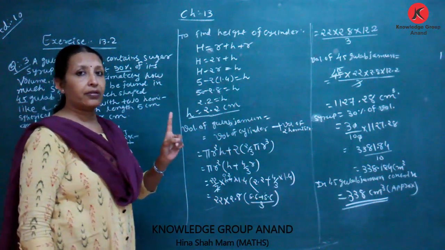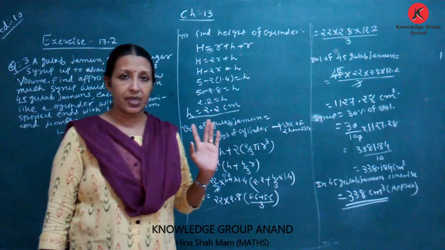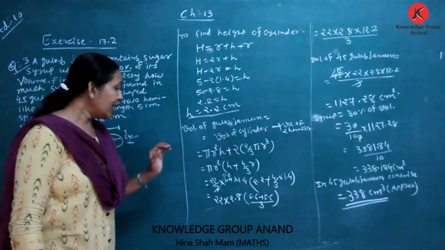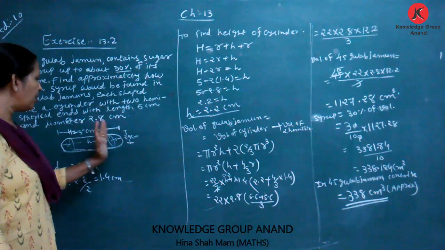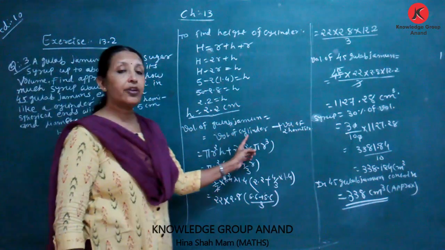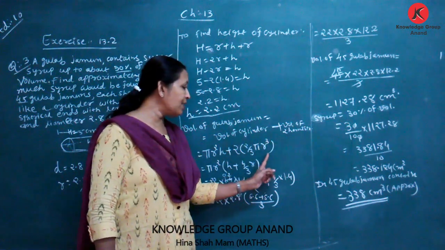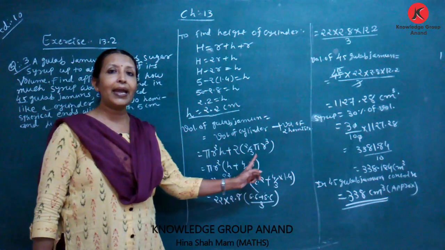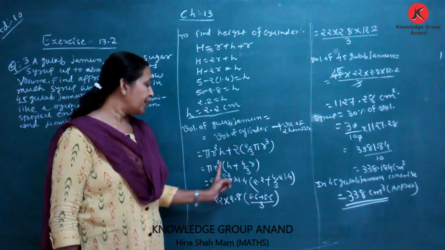Now find the volume of gulab jamun: volume of cylinder plus volume of two hemispheres. Putting the formula, volume of cylinder pi r square h, volume of two hemispheres 2 by 3 pi r cube multiplied by 2.